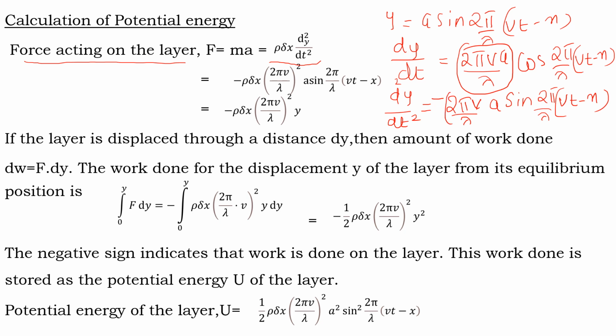Therefore d square y by dt square എന്ന് പറയുന്നത് 2 pi by lambda into v the whole square into minus a sin 2 pi by lambda vt minus x ആണ്.